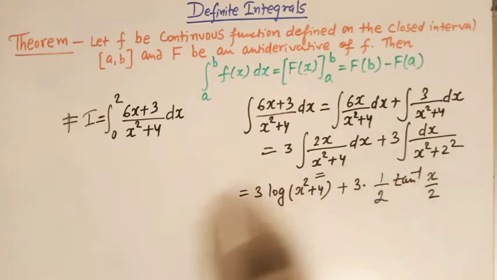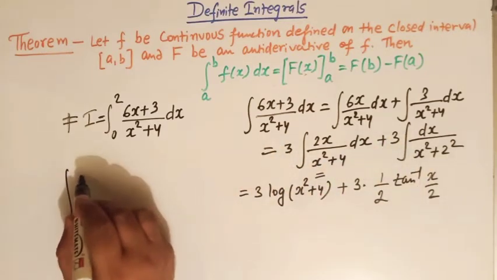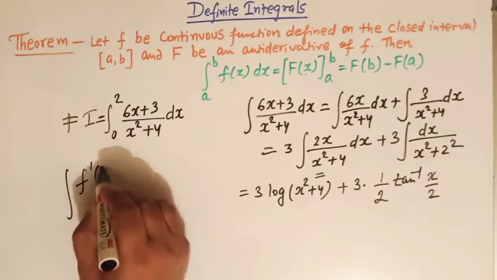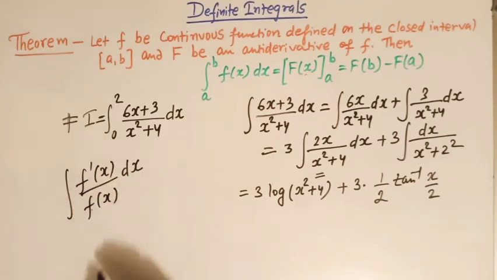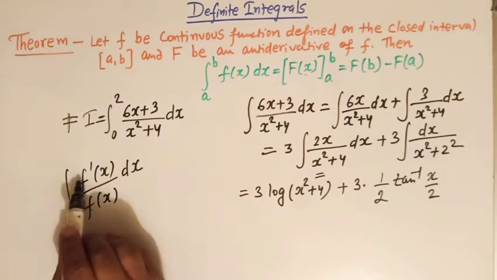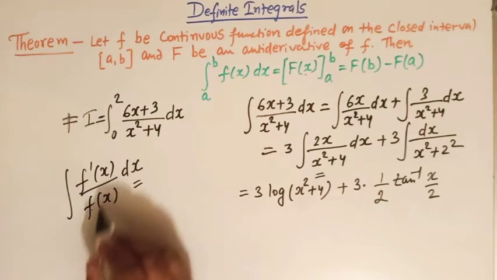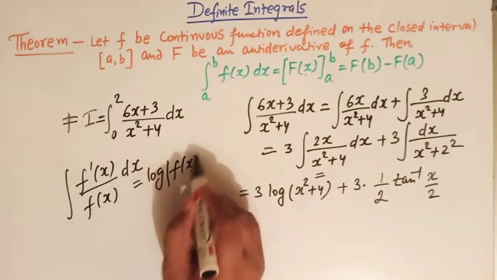So here we have applied actually two results. The first one is if we have f prime of x divided by f of x, the derivative of f is present in the numerator, then this integral is log of f of x.